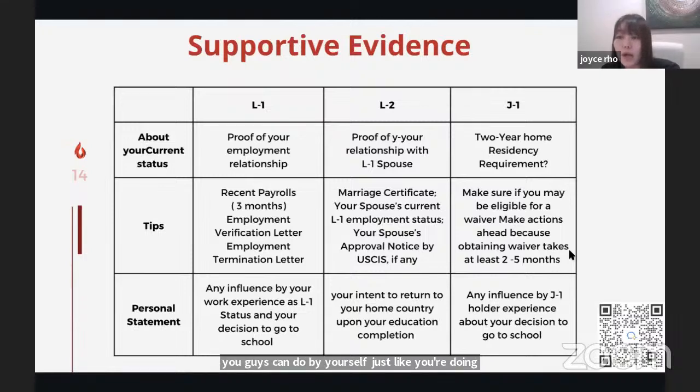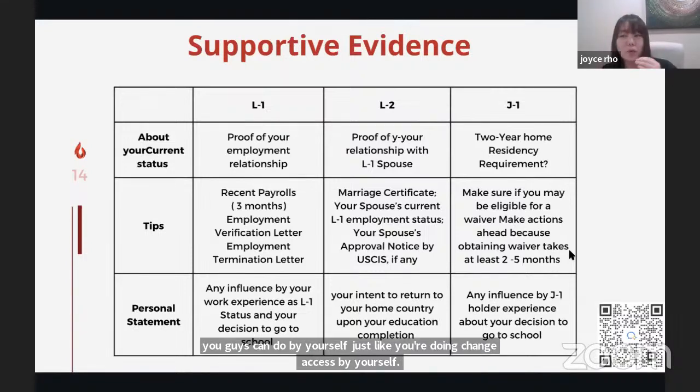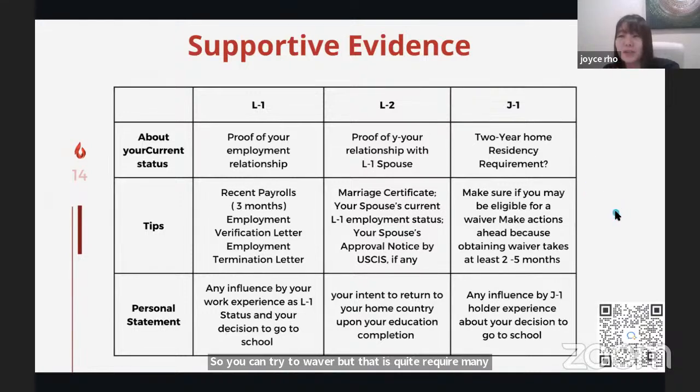But it requires many complex procedures that you have to follow. Usually I see that for preparation of the waiver submission, you spend 1 or 2 months, and then once you file it, you wait about 3 months or more to get the approval letter.